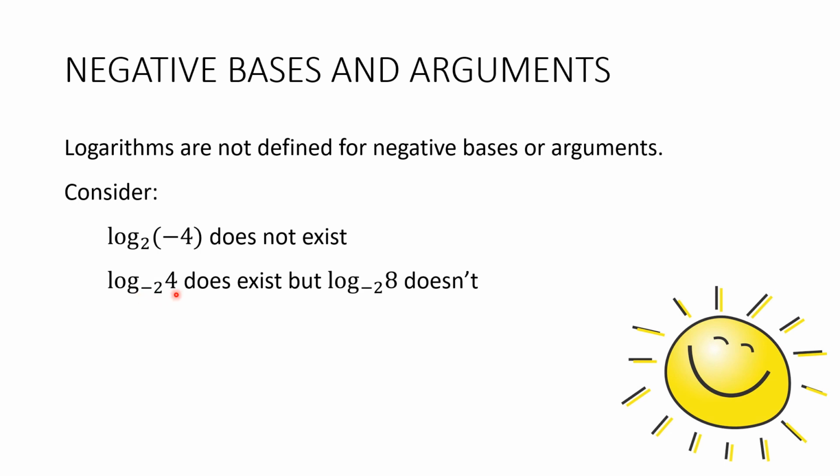This one does exist: negative 2 all squared is equal to 4, but this one doesn't. Negative 2 all cubed gives us negative 8, not positive 8. And so with mathematics, we don't want to define something that's erratic. Okay, we actually call this discontinuous, but we'll call it erratic for the moment. So existing for some things and not existing for other things. So we just don't define it for negative bases.